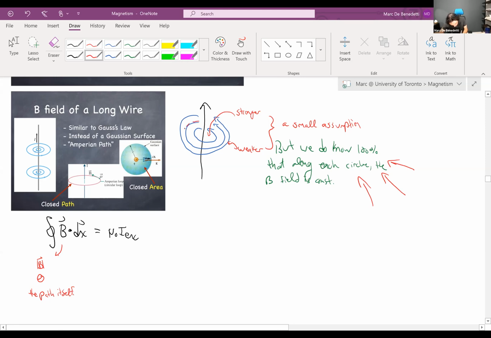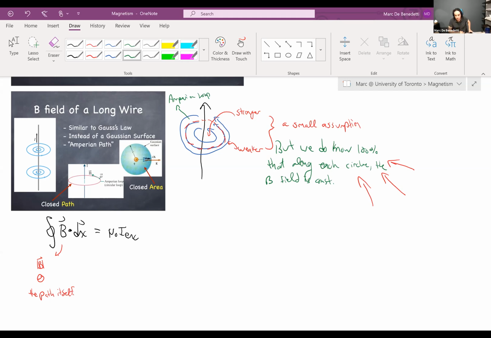So if I draw an Amperian loop, red dotted line here, this is my Amperian loop, then along this imaginary line that I'm integrating over, my B field is constant. In addition to that, the angle between the loop and the B field is also constant. It's 0. Cos of 0 is 1. They mentioned this in the video as well.